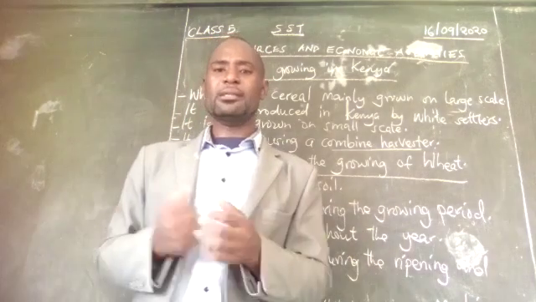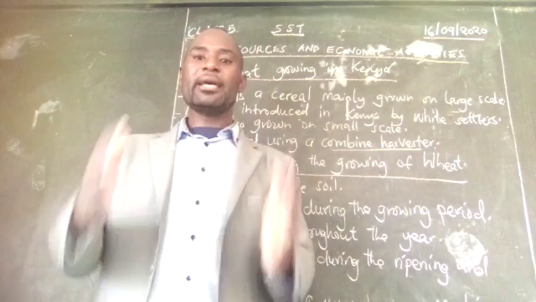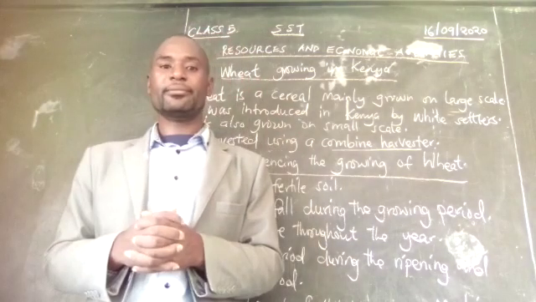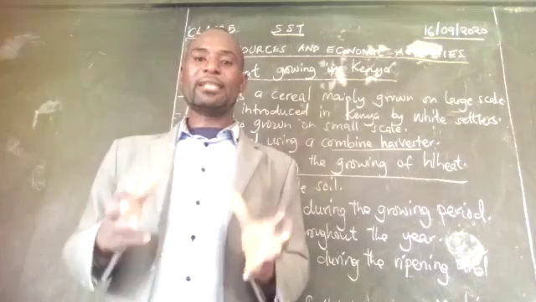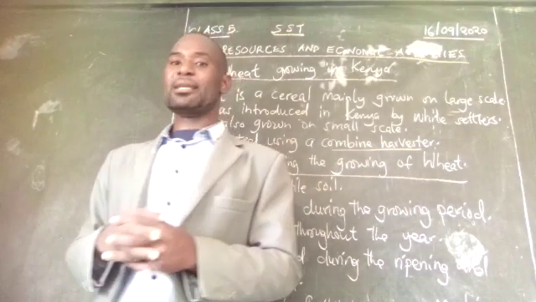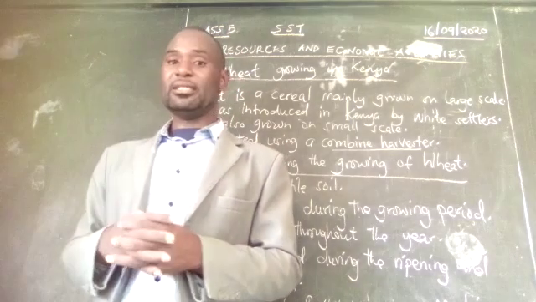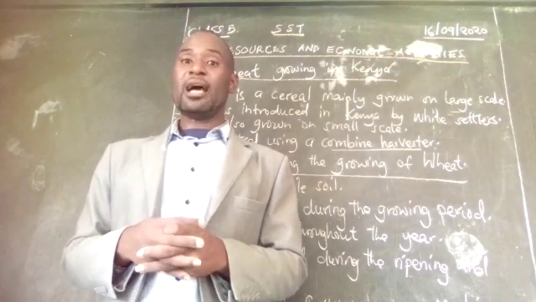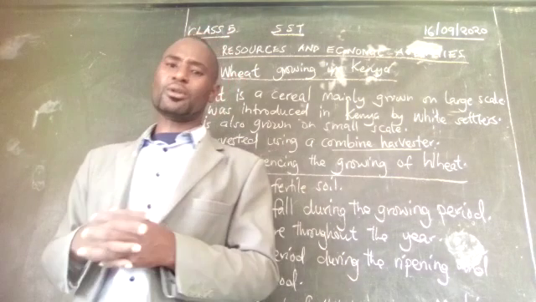Factor number one is that wheat requires a well-drained, fertile soil. So it means that if soil has poor drainage, if soil does not release water appropriately, it will not necessitate the growth of wheat.